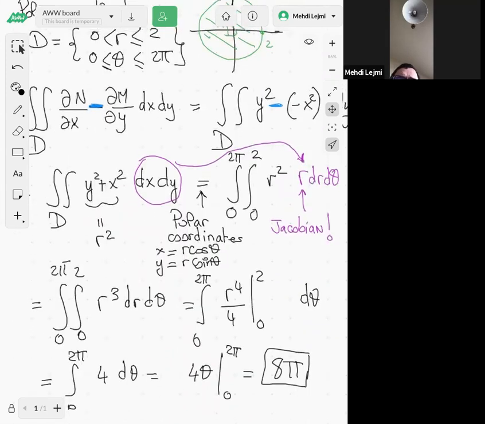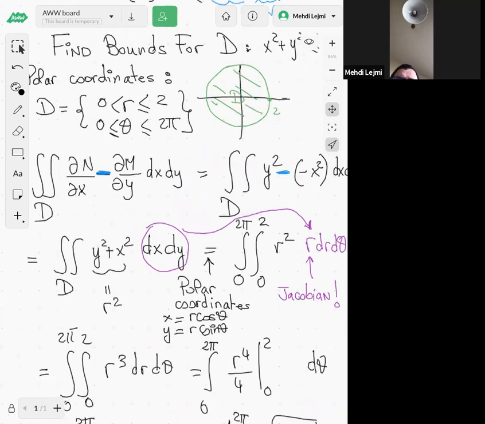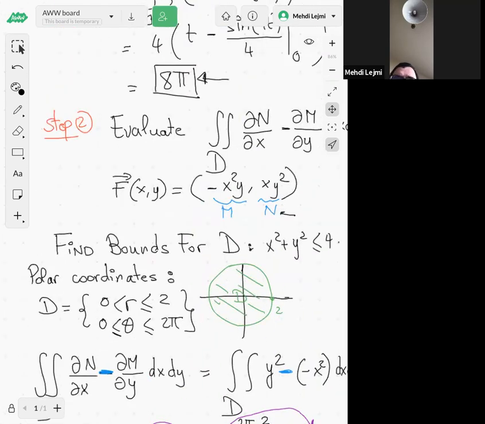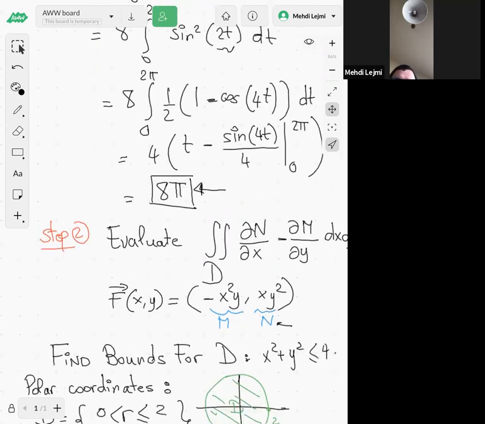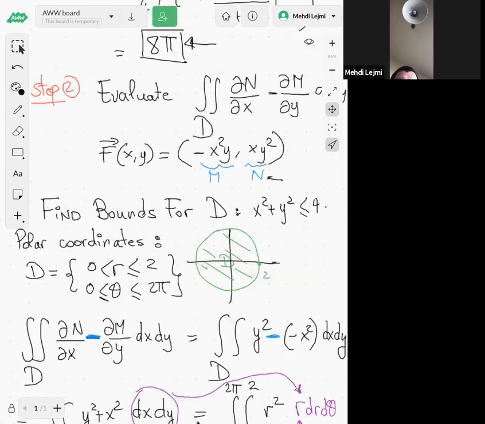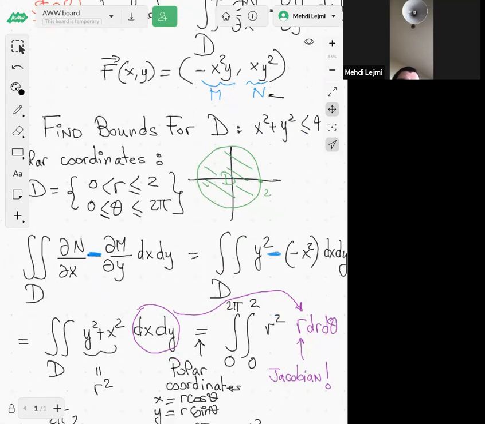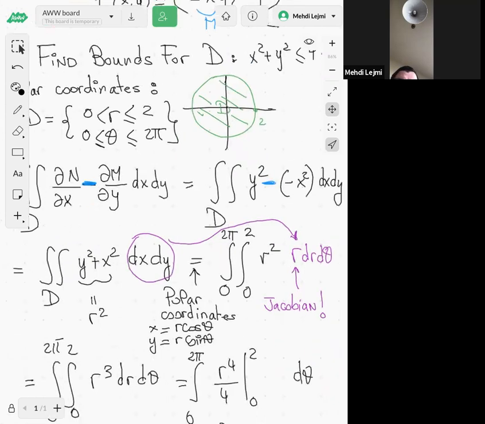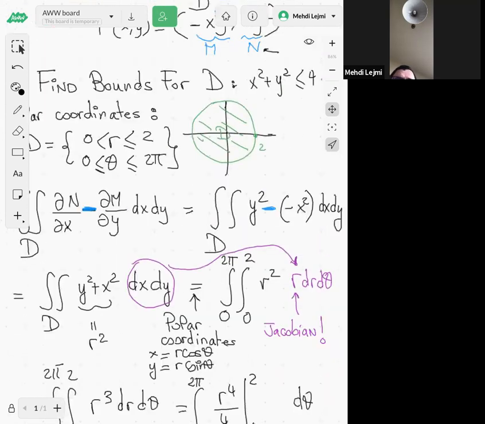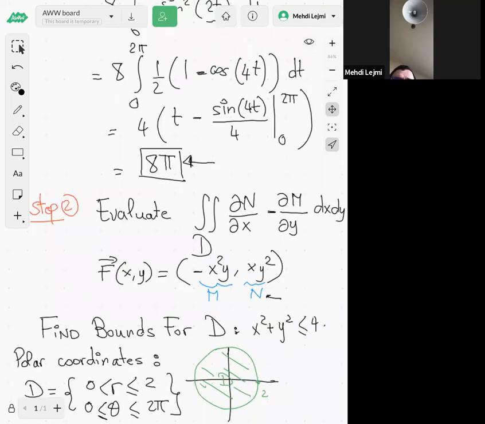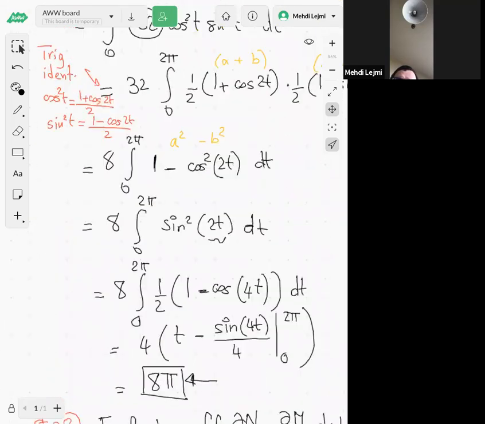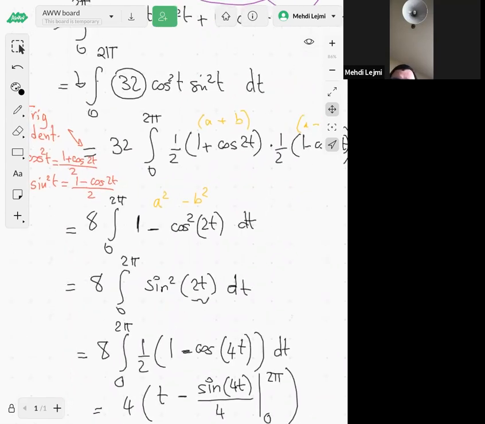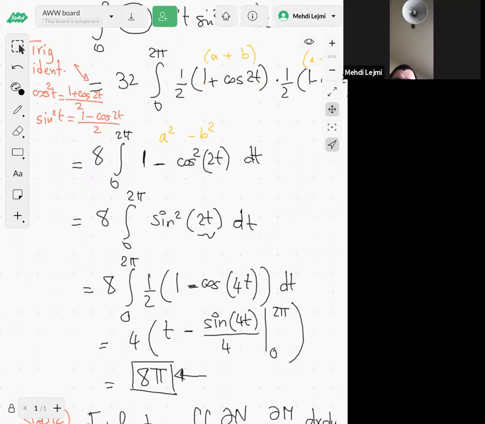You can also compare the two integrals. I would say in this case, the double integral over D is much simpler because we use polar coordinates, so it's not really hard to compute. On the other hand, for the vector line integral, it's not that hard, but there are a lot of trig identities you have to use.